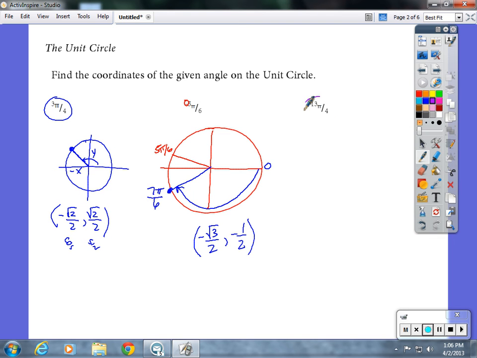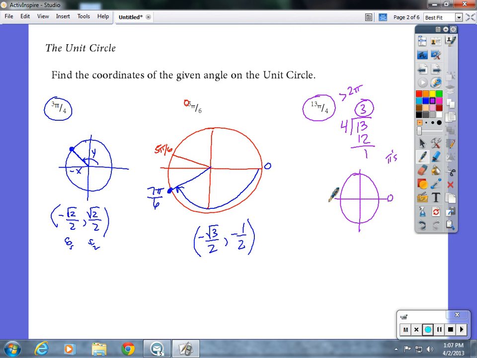The last one that we have here, 13 pi over 4, is greater than 2 pi. So anytime we have something greater than 2 pi, we take the numerator divided by the denominator, back to long division. So 4 goes into 13 3 times. 4 times 3 is 12. The remainder is 1. Now all these numbers are important. The 3 is important because that tells us how many pi's around the circle we go.